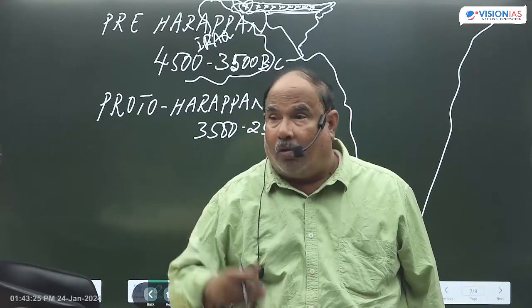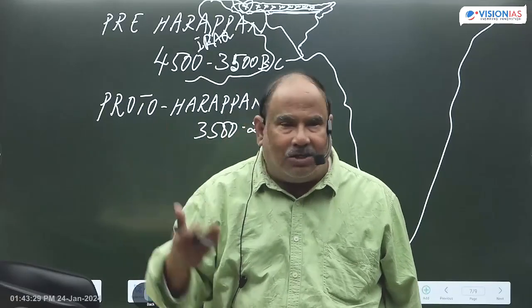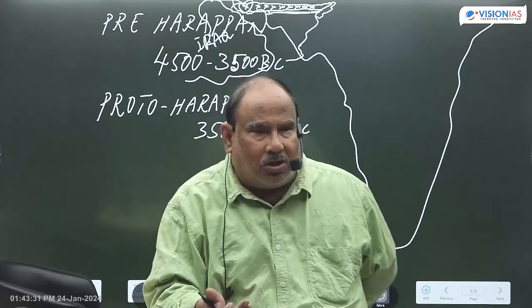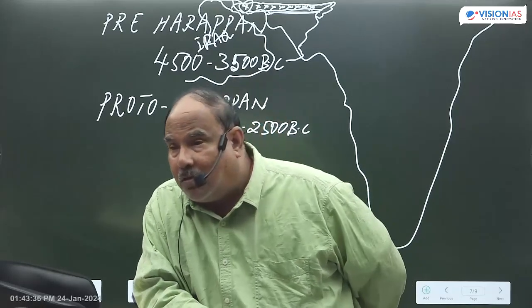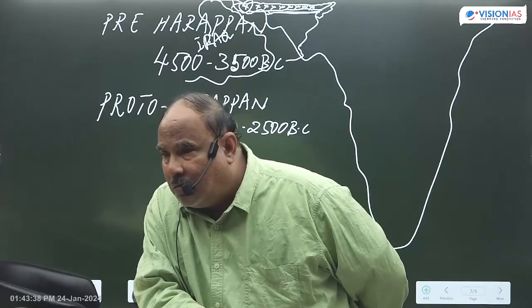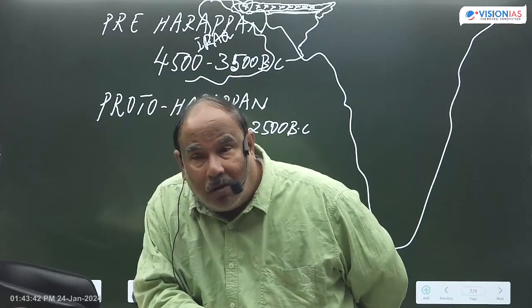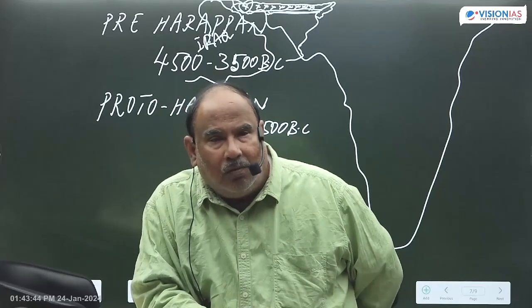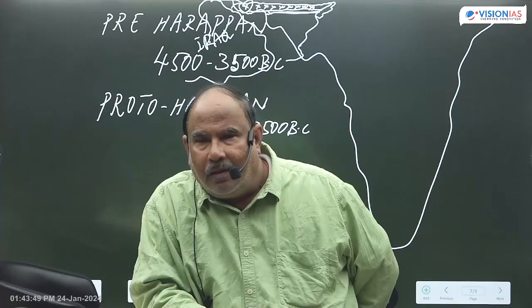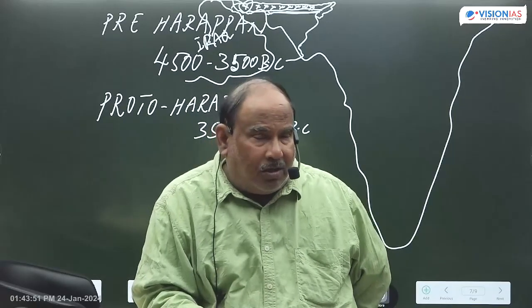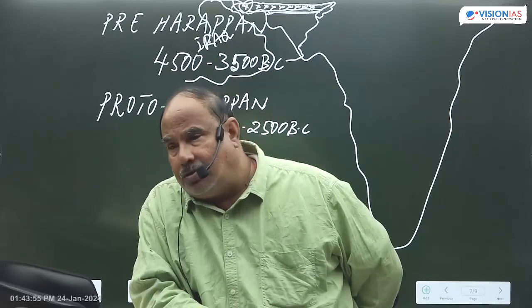So production increased. When production increases, that leads to what is called surplus production. What is surplus production? Surplus production means the production that remains with you when your requirements are fulfilled. Surplus production leads to capital.